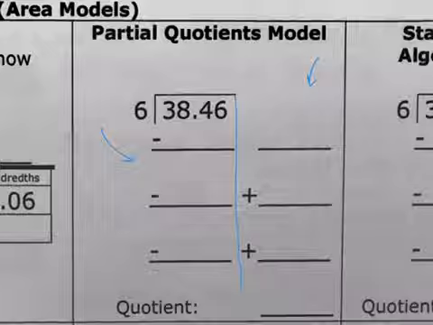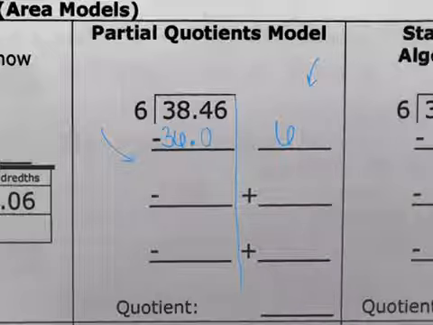So again, I'm looking at 38 and 46 hundredths, and I'm dividing that by 6. When I do that, I know that 6 times 6 is 36. So I'm going to start by taking out 6 whole groups of 6.